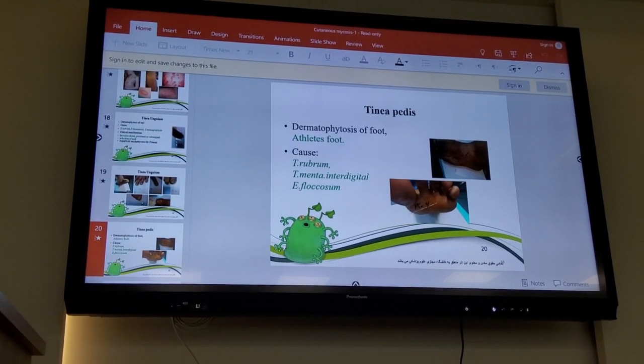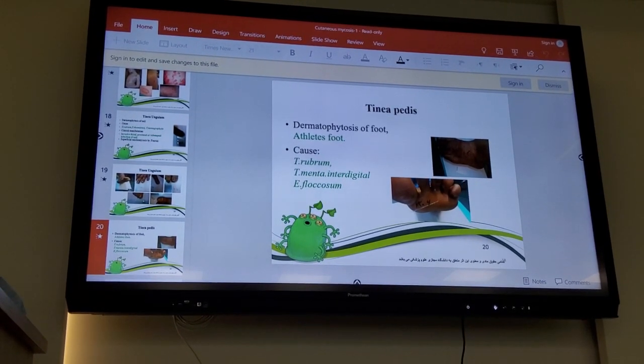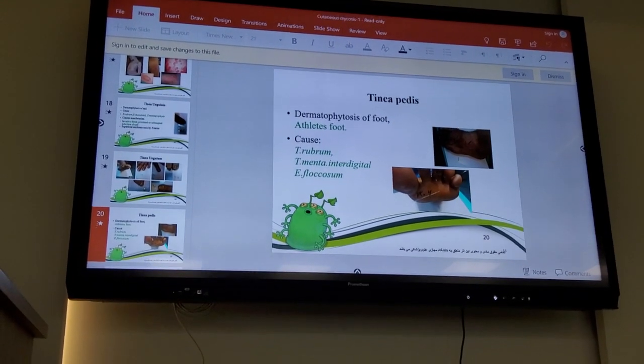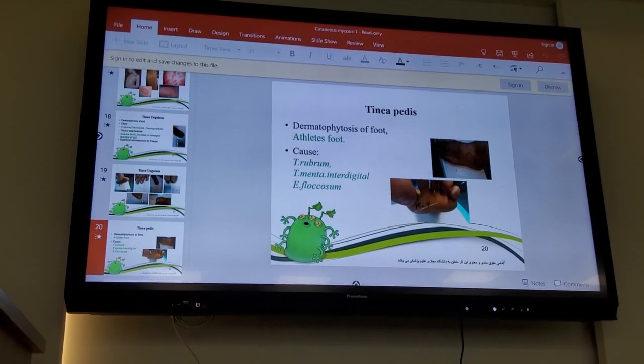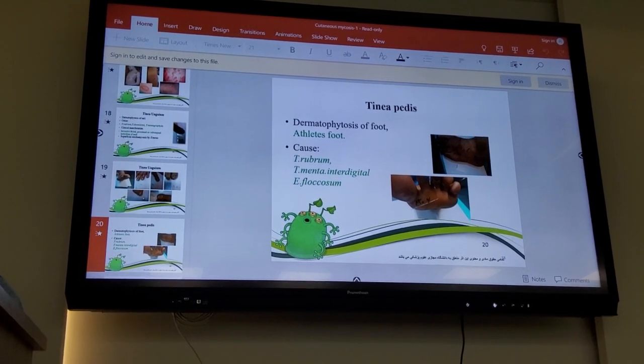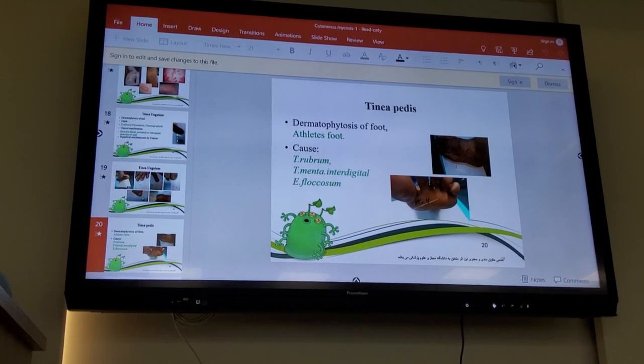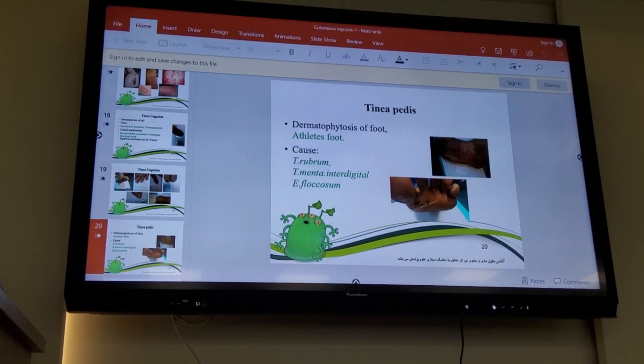Tinea pedis, another type of ringworm. It is a common infection in adults, with a higher number in males than females. It is dermatophyte infection of the foot in the pedal area, and another name is athlete's foot, because athletes and sportsmen use shoes for a long time, and this condition prepares the factor for infection.